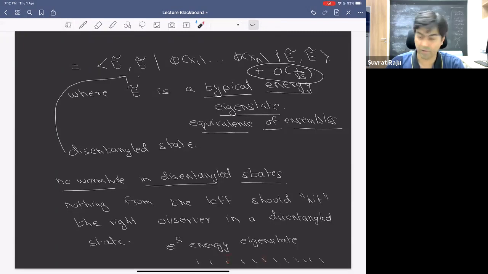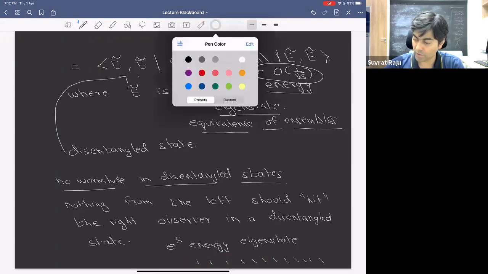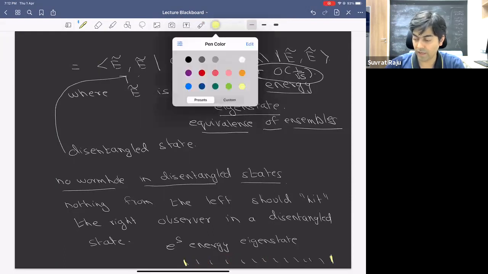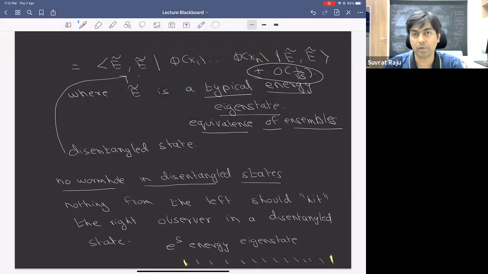There might be some outliers, maybe this one is a bad energy eigenstate with some special properties. But most energy eigenstates behave the same, and that's why you're able to replace the sum over states with the typical energy eigenstate. It's not a statement that all energy eigenstates work. It could be that there are some outliers. It's just a statement that the deviation from one energy eigenstate to another is not too violent.